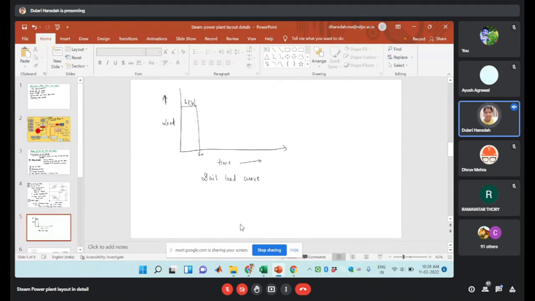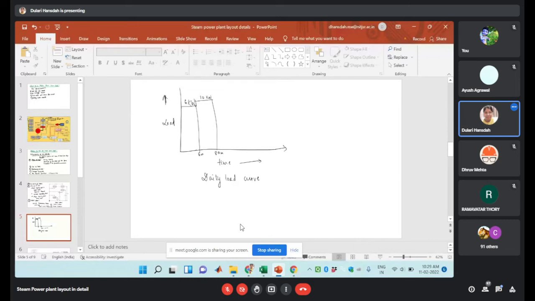Similarly at 8 a.m., let us take 10 kilowatt. So in a day, the amount of load or energy consumption required can be understood by the plot or graphical representation, which is known as your daily load curve.